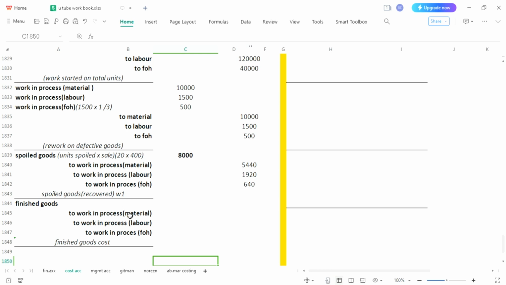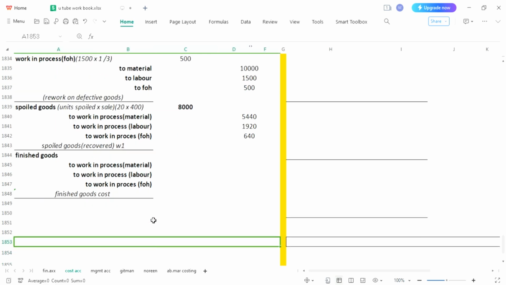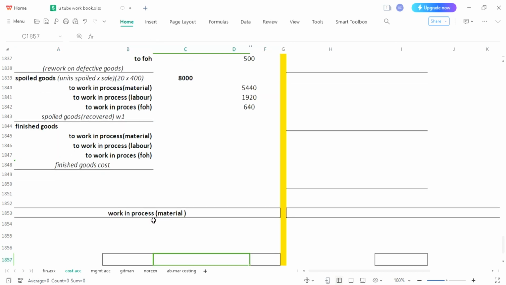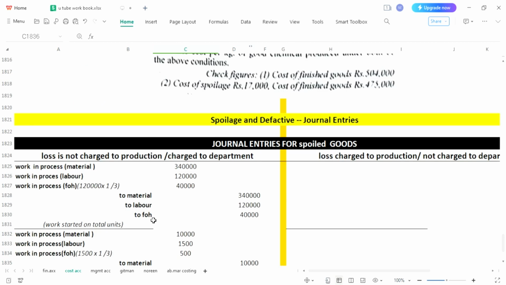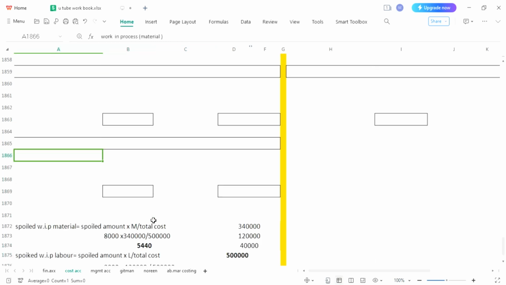For finished goods we will make ledger for work in process material. Work in process material ledger we are going to make. Okay, and here you will go to the question. Instead of two entries, in this question we have three entries. First, work in process material we have found out 340,000 on debit side.